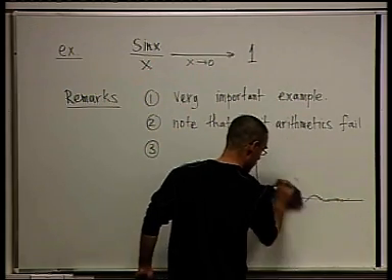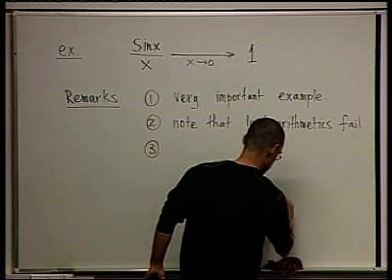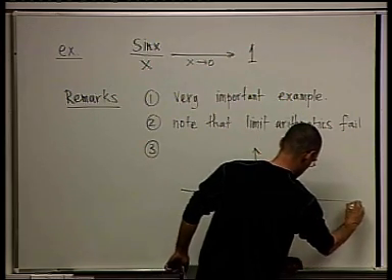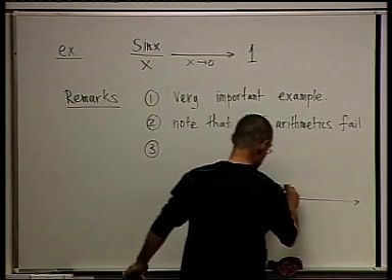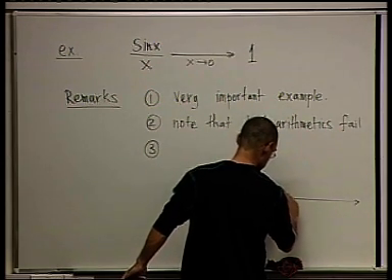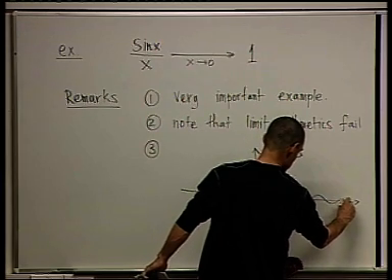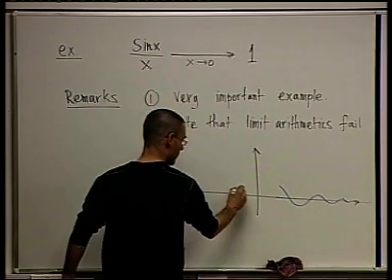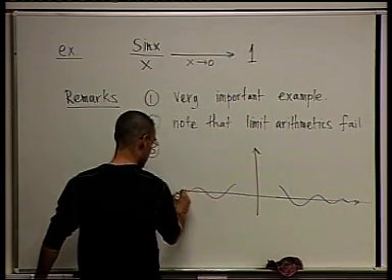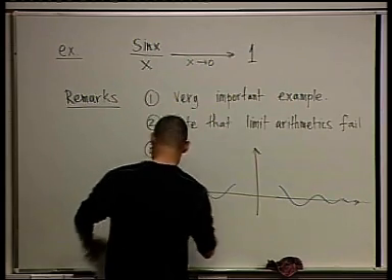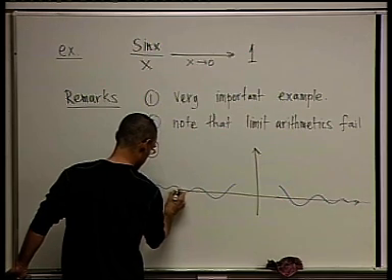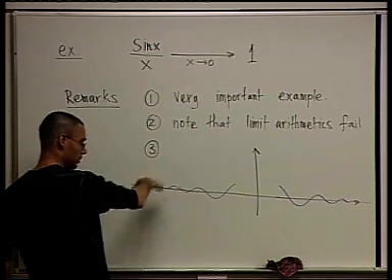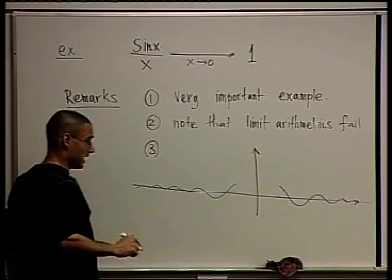Oh, let's make it in blue. Its behavior as we head out towards infinity and towards negative infinity is going to be something like this. And likewise here, it's like a sine wave, but one where the amplitude becomes smaller and smaller as you head out.